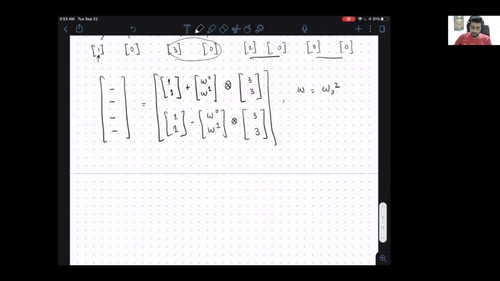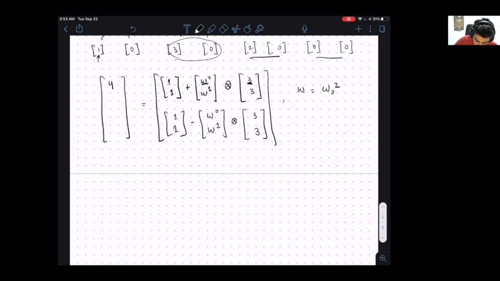Okay, so let's go through and do this computation. It should be fairly straightforward. So this is 1 plus omega to the 0, which is 1. And so this is 1 times 3. So this is 1 plus 1 times 3, which is 1 plus 3, which is 4. This is going to be 4.